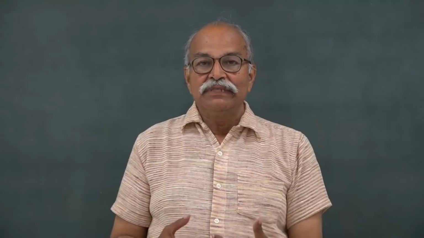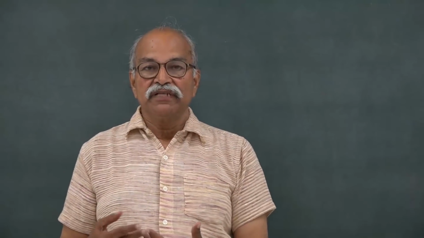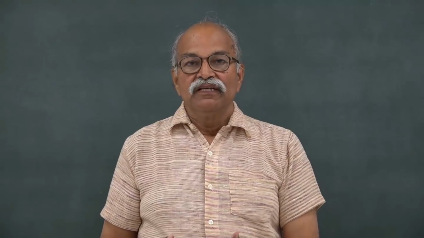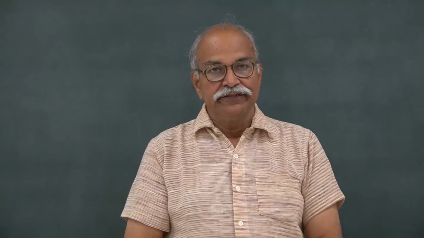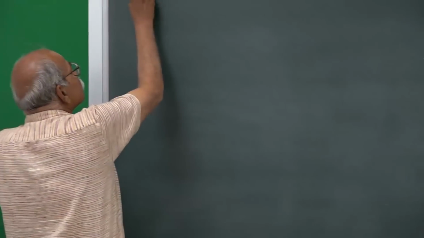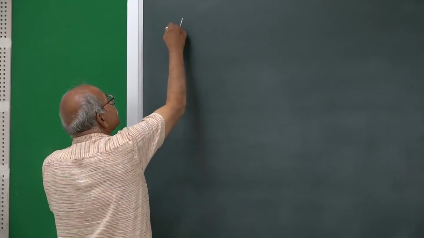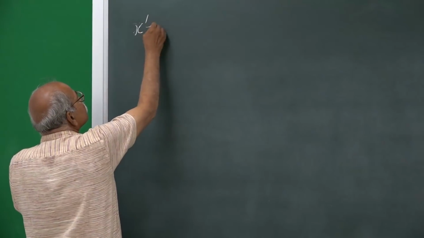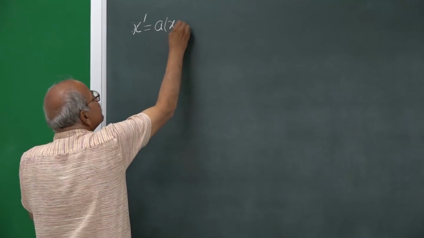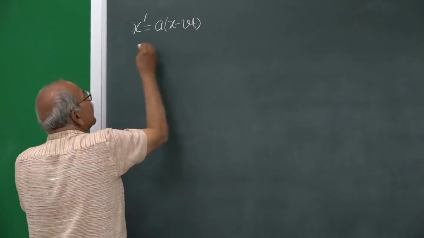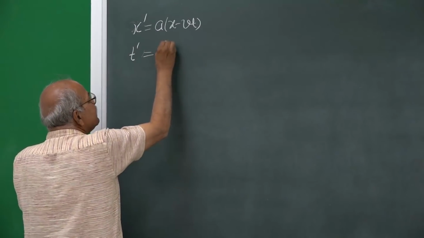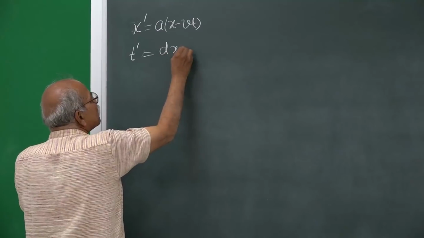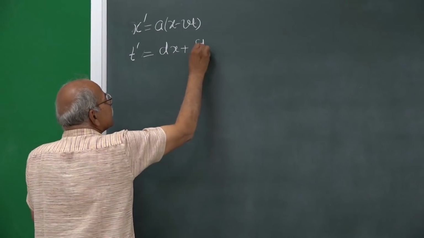Then together with homogeneity of space, homogeneity of time, isotropy of space, we started writing equations and we reached a stage where x prime was some constant times x minus v t, and t prime was some d x plus f t.